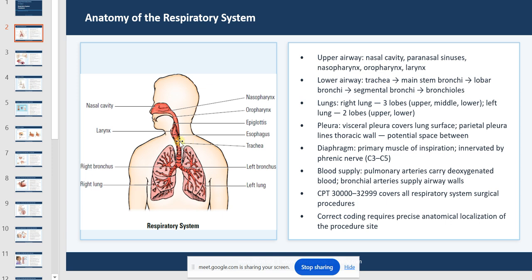But procedures on the lower respiratory tract are done by the specialist pulmonologist, and also, if it is surgery, the cardiothoracic surgeon. So this is the scope of different specialties, right? Let us talk about the upper respiratory tract, which is the nose, pharynx, and larynx.